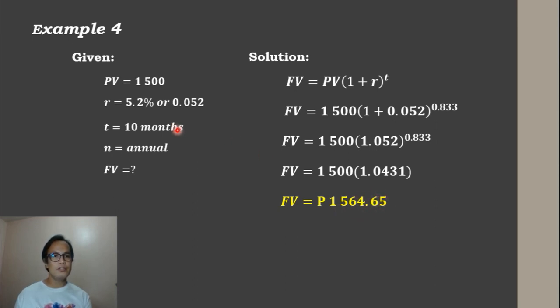This is if the interest rate is 5.2% and compounded annually, but the time is only 10 months. So meaning the amount still gains an interest of 64.65 even if the amount did not reach the 1 year compounding period.